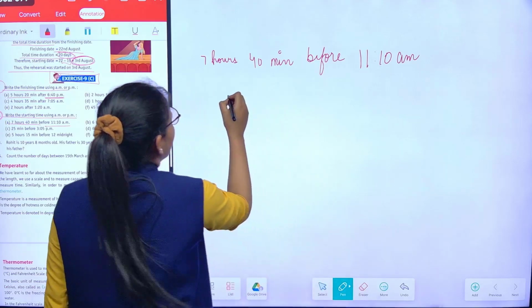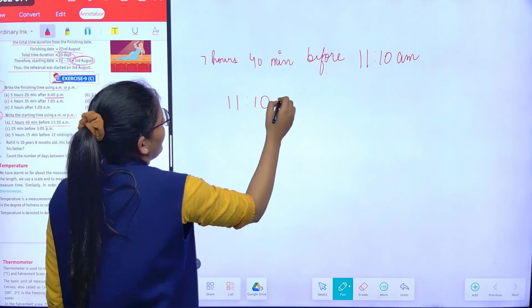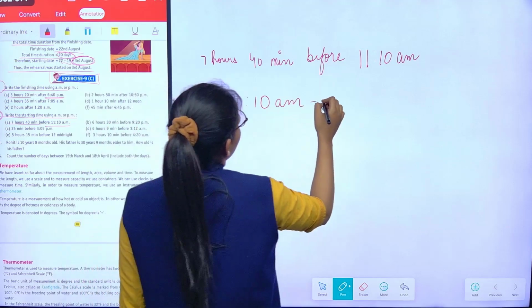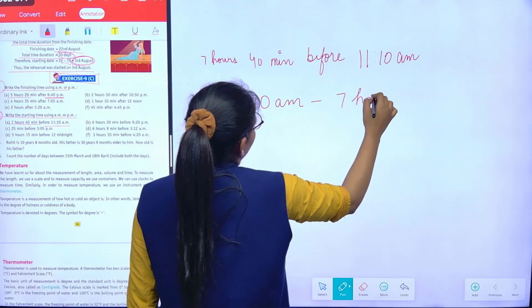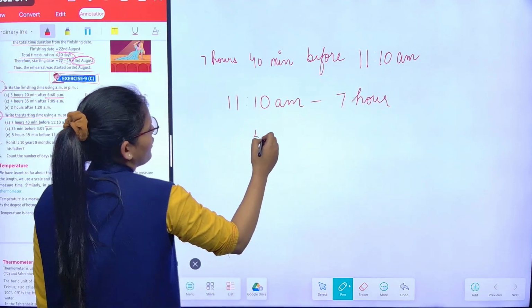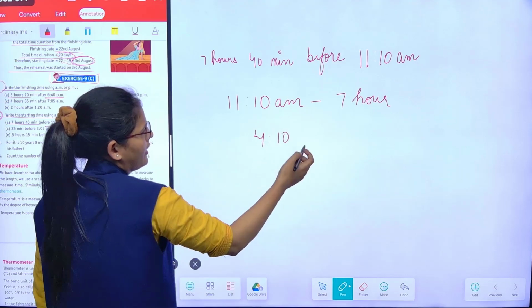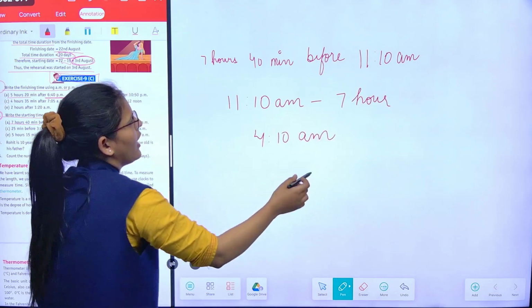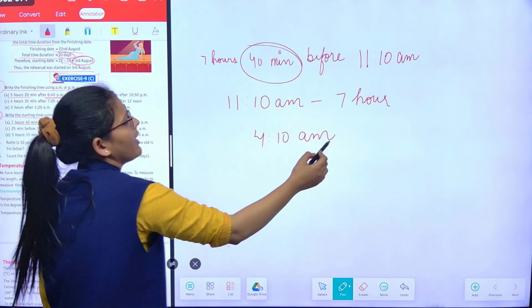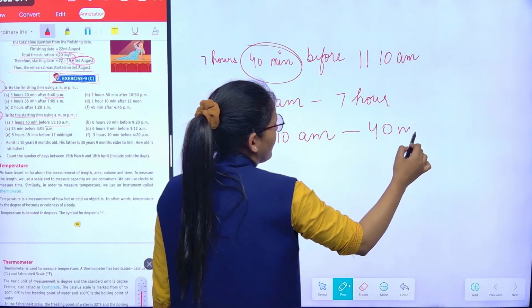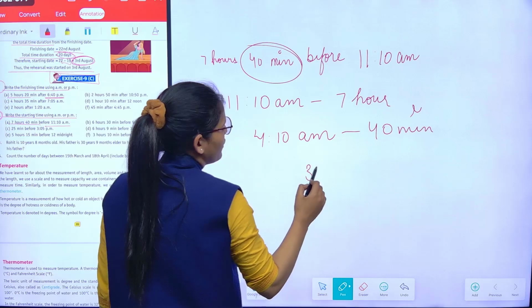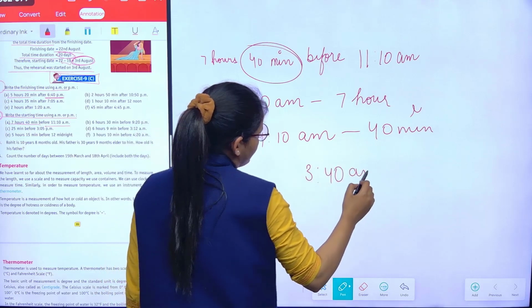Yes class, see 11:10 am minus 7 hours, that is 4:10 am. ना क्लास, अब हम उसमें से 40 मिनट्स को माइनस करेंगे अगेन, तो हमारा दैट इज 3:40 am. अंडरस्टैंड क्लास?